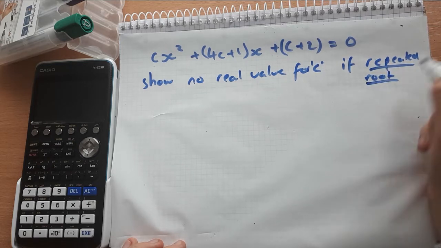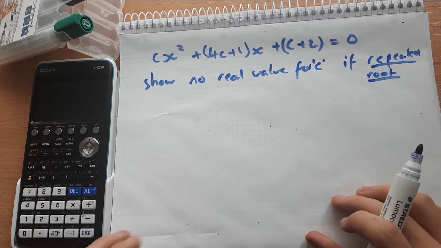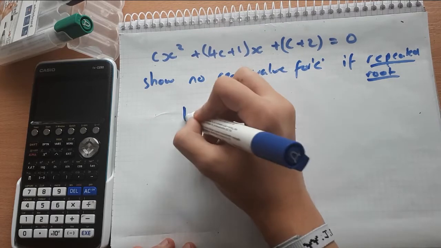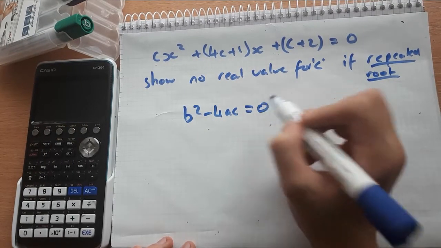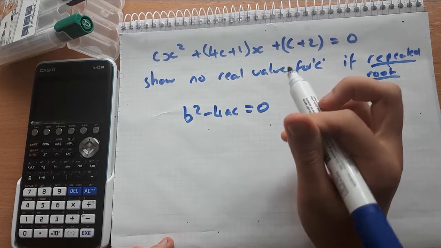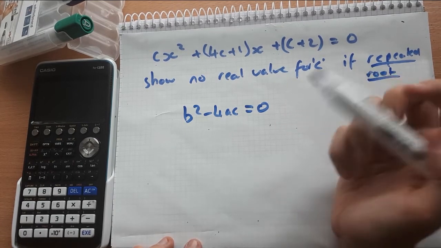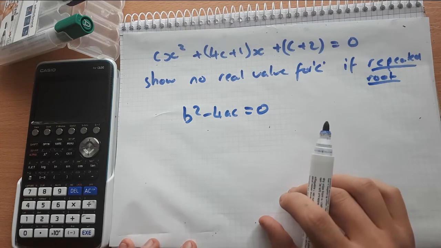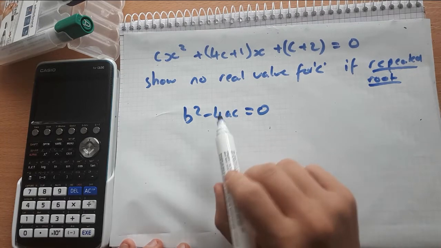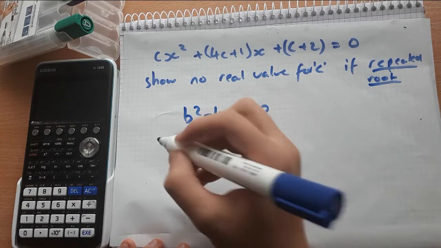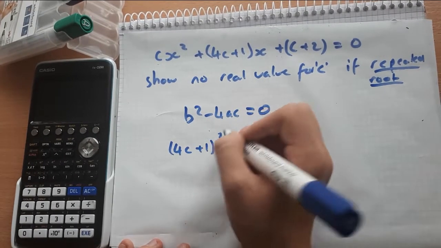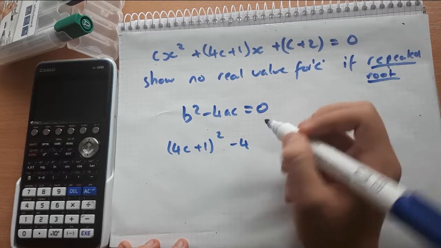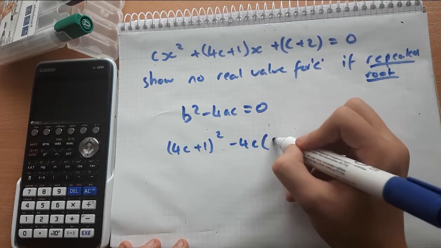Now, repeated root, we're going, okay, what does that mean? b squared minus 4ac is equal to 0. So what we're going to do is work out the discriminant for the repeated root, which is (4c plus 1) squared minus 4 times a, which is just c, times (c plus 2).